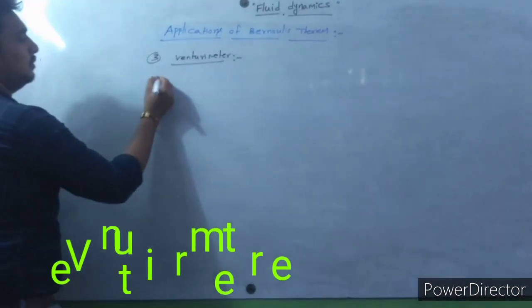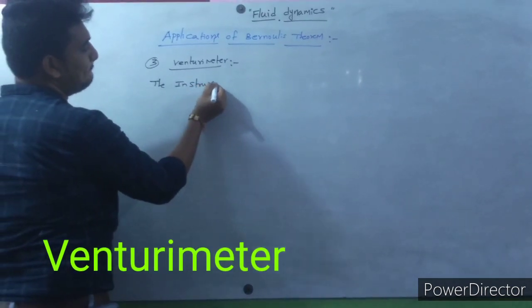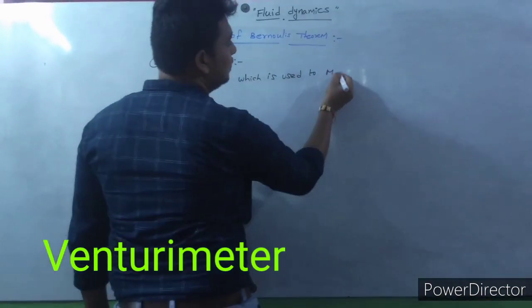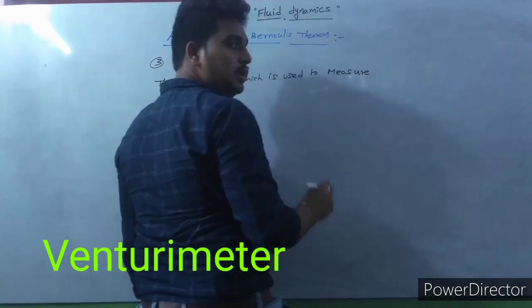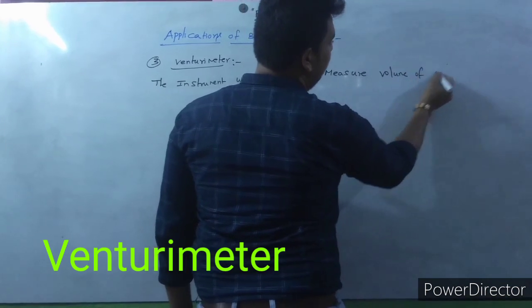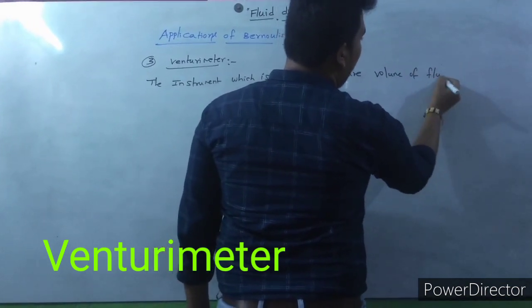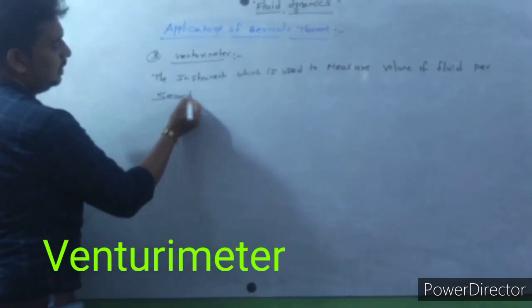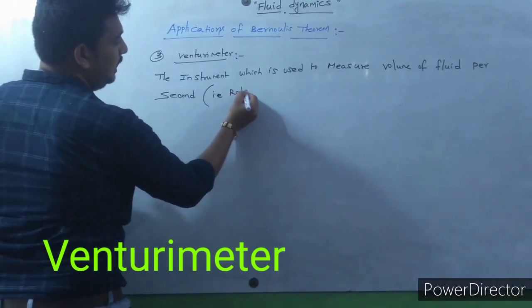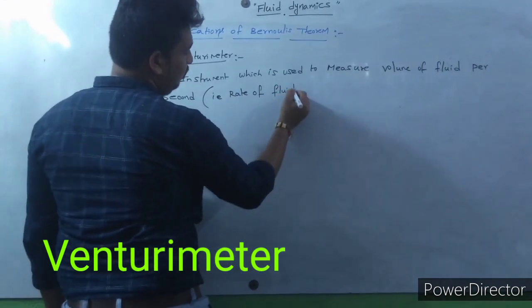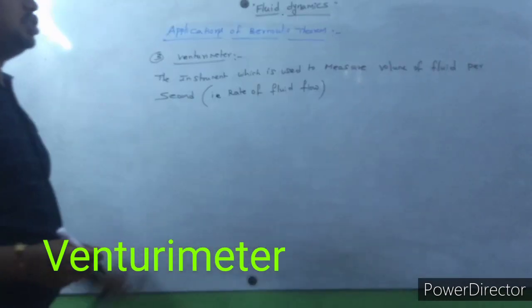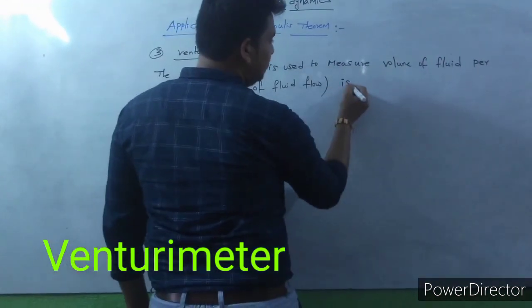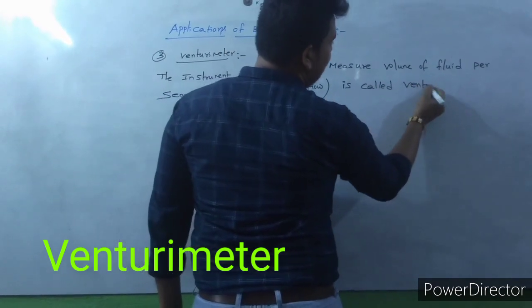The instrument which is used to measure volume of fluid per second, that means rate of fluid flow, is called a Venturi meter.